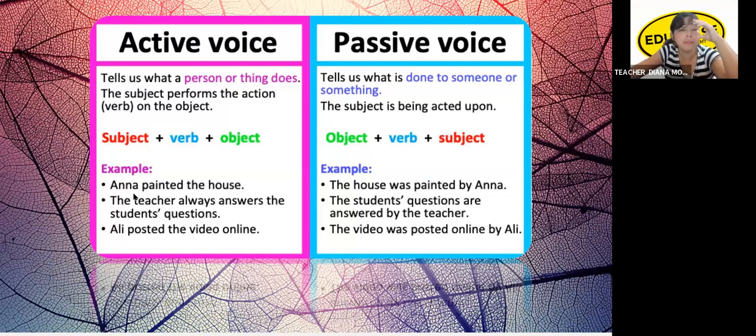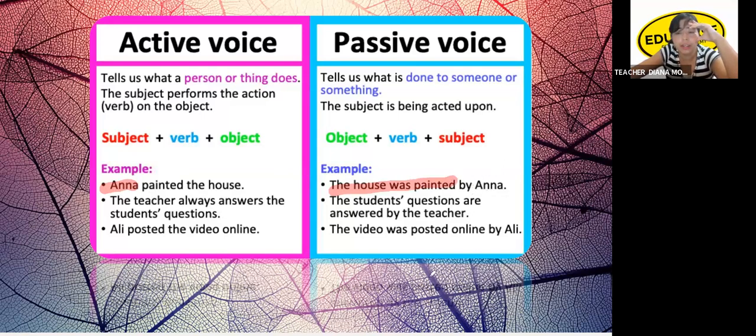Here you have more examples. Anna painted the house. So here we have the person, right? We have the subject, and she is the main point here. Qué buena Ana, right? She did it. But in this case, the house was painted by Anna.